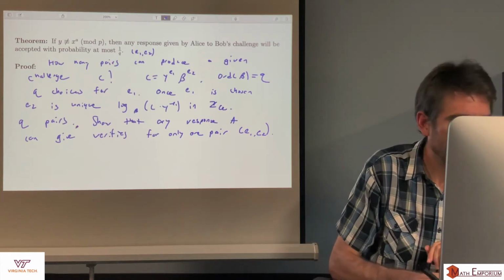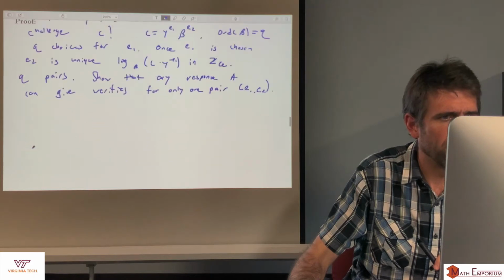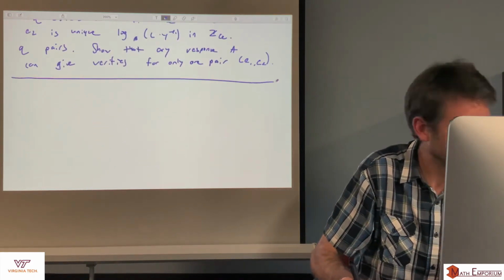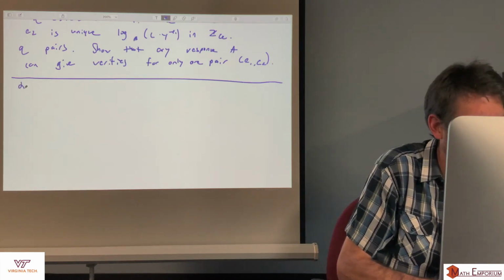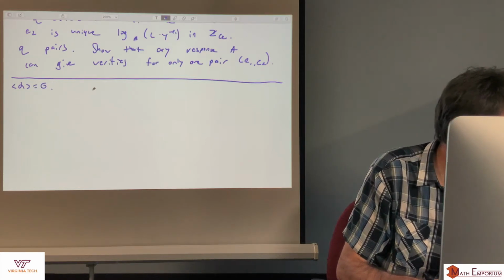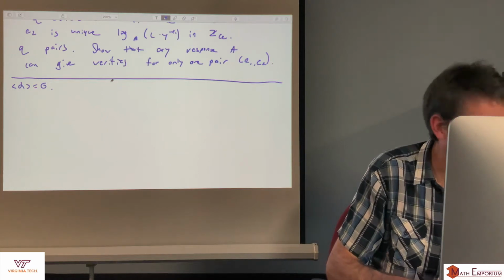Okay. All right, so the way we'll do this then, where alpha generates G. All these things are in G, so we can write everything here as a power of alpha.